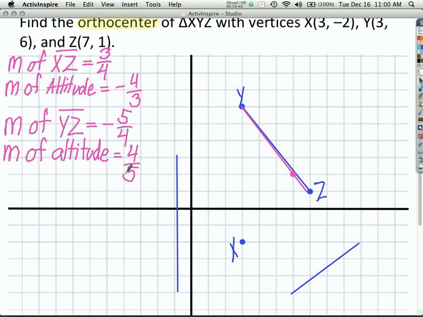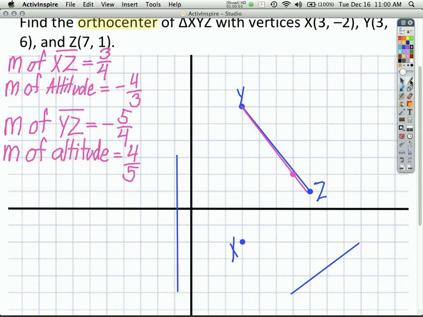So now, use that slope, but start at x. Because it has to be perpendicular to yz passing through x. So we're going to go up 4, 1, 2, 3, 4, over 5, 1, 2, 3, 4, 5. And so here is my point, and I just lost it.